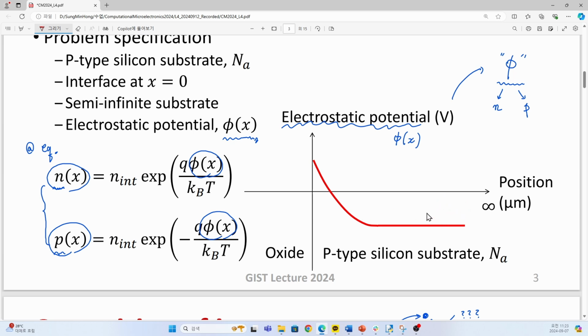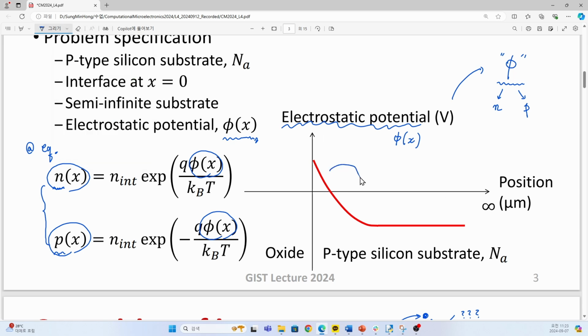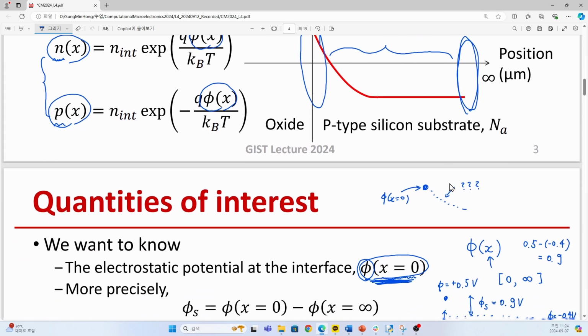So simply speaking, up to now we have introduced the boundary conditions for the x equal to positive infinity point. And we wanted to know the quantity at this surface point, and the remaining question is then what is the governing equation for the points between these two boundary points. That will be explained in the next slide.